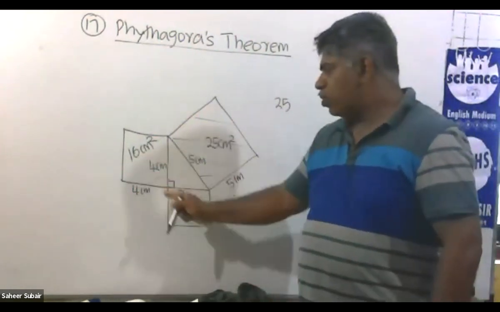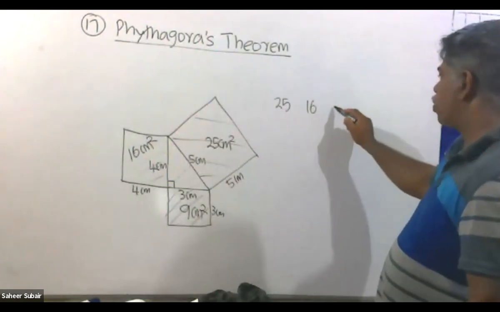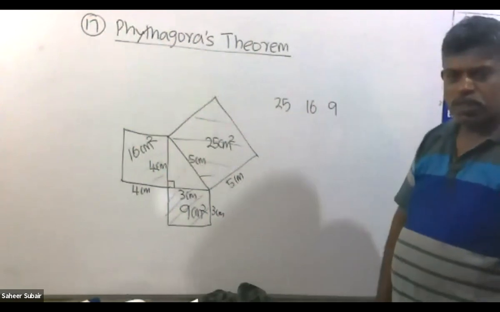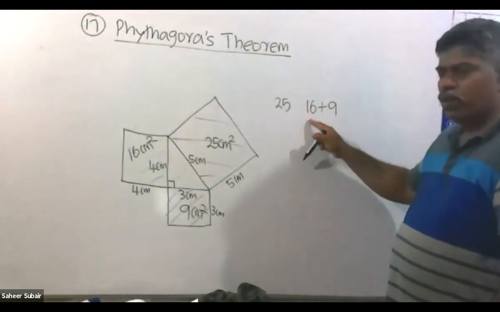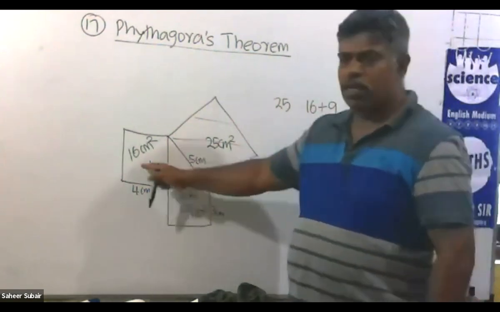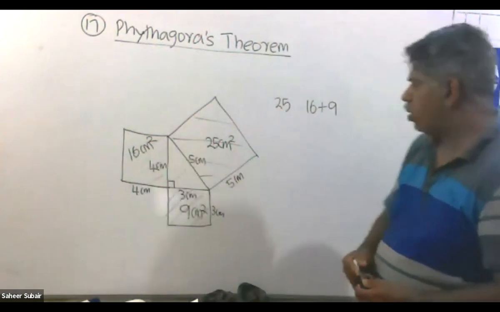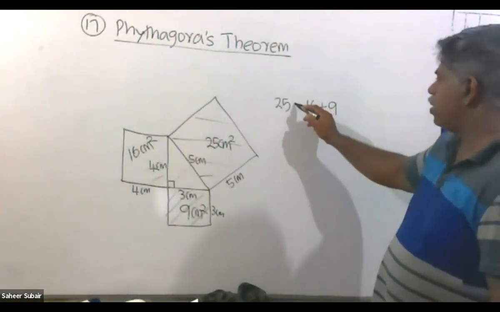The other two squares are 16 centimeter square and 9 centimeter square. When you add these two small ones, 9 plus 16, 25. That is equal to 25.